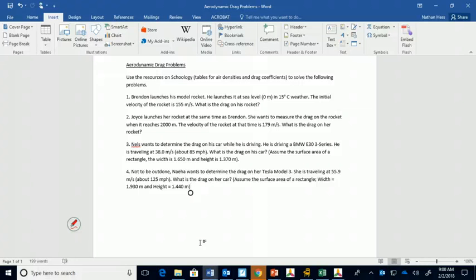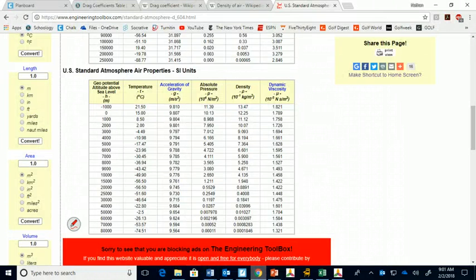Okay? So, what else do we need? We assume he's driving on the surface of the Earth, right? He's not flying through the air at 3,000 meters. Okay? So we assume that we're at 0, so we can still use that 1.225. What else do you need to know? The drag coefficient of the car. And again, that was on the charts that I gave you guys, right?